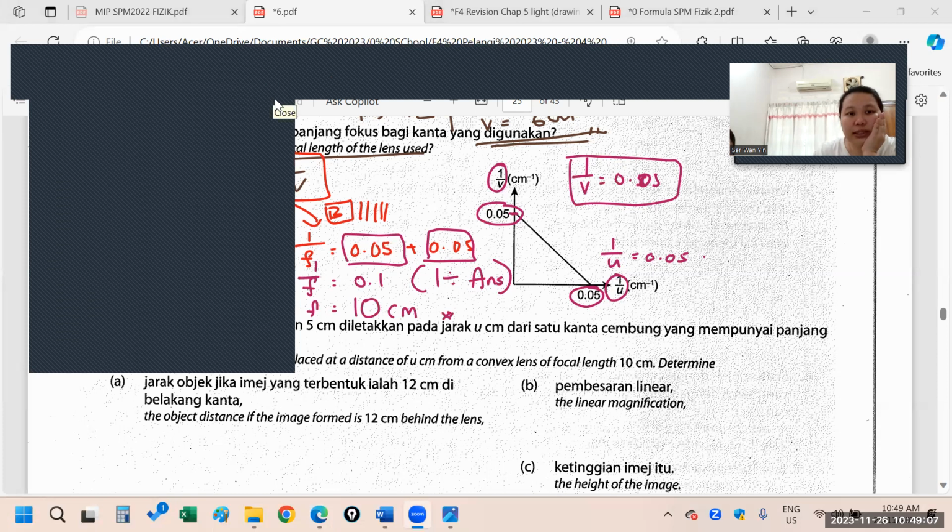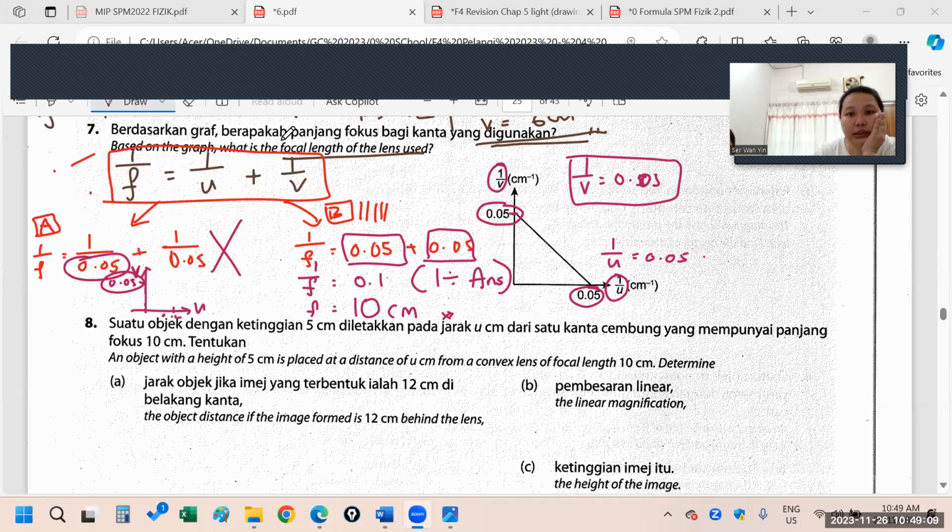1/v is not 0 at the x-axis. Yeah, correct. But when 1/u is 0, 1/v is 0.05. So actually the gradient of the graph is 1/f.